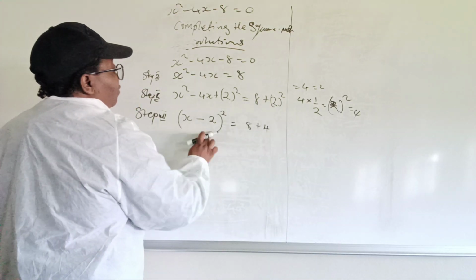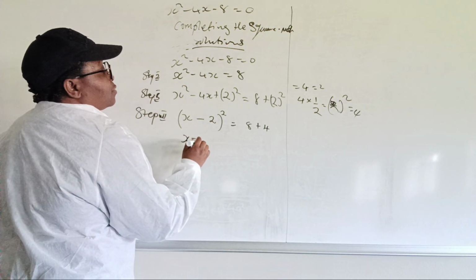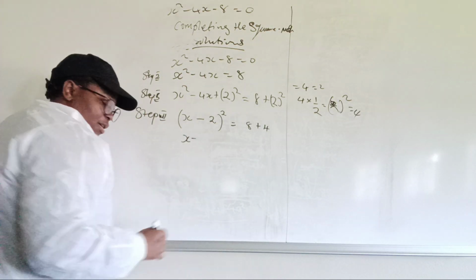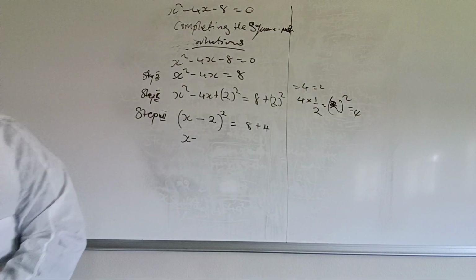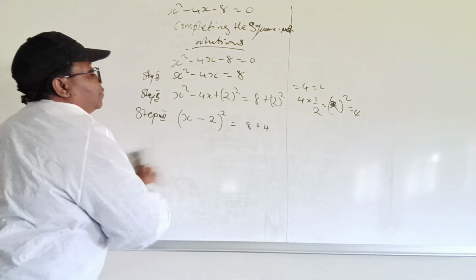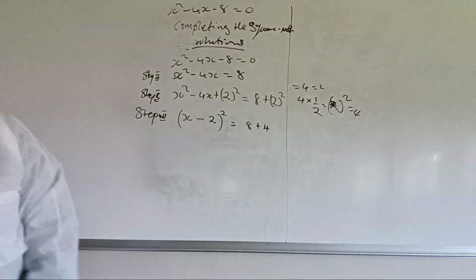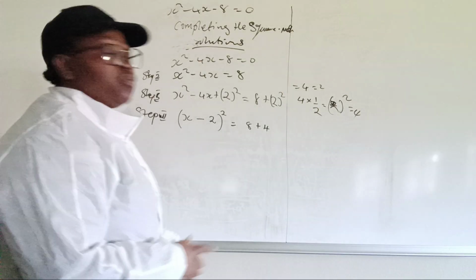Now, this will give us what? We have x minus 2 squared. Okay, we can go ahead and solve it by rooting both sides. This will look like the equation we solved last time using the formula method. So we go to the next step.